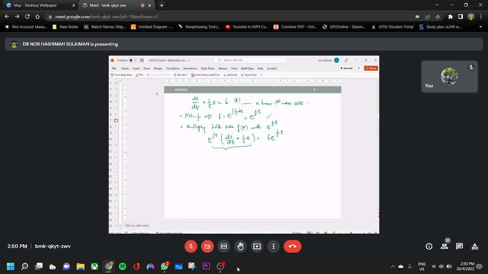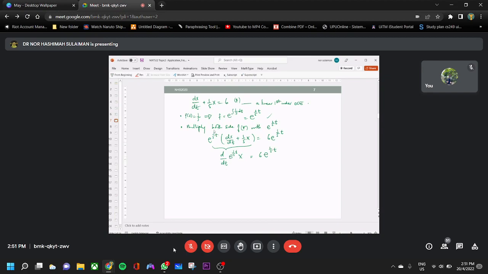By multiplying the left-hand side of the standard first order linear differential equation with the integrating factor, you can simplify it into d/dt of the integrating factor e to the power of 1/5 t times x. We don't do anything to the right-hand side. If you don't believe me, differentiate it back and you should get this.